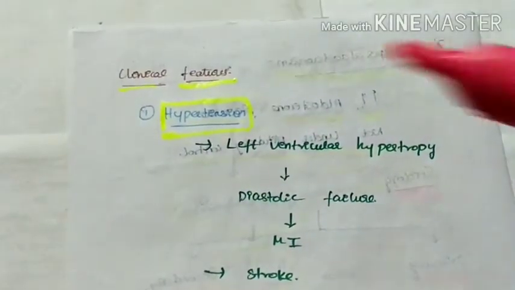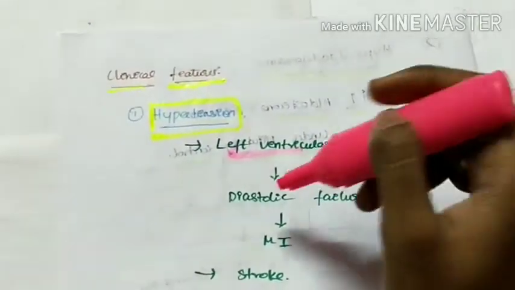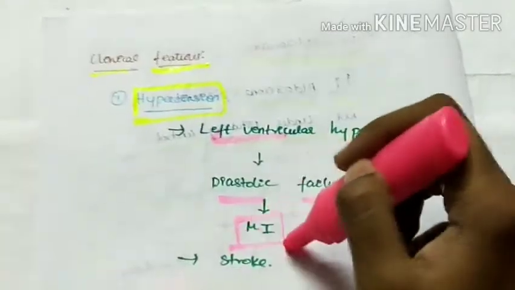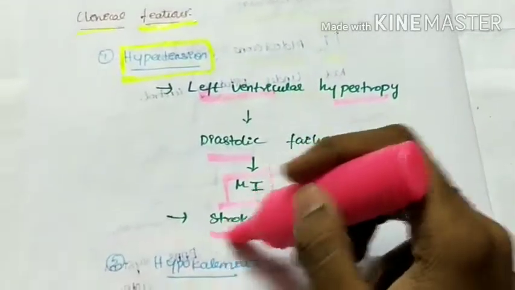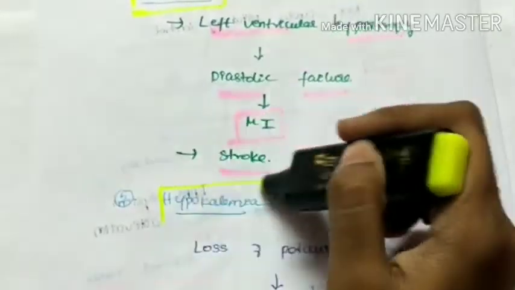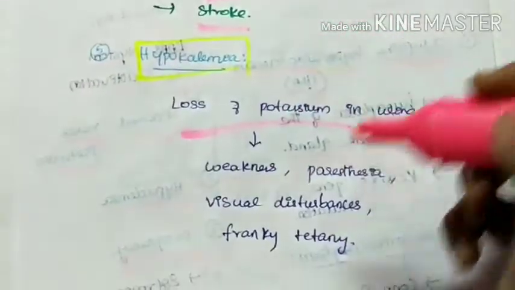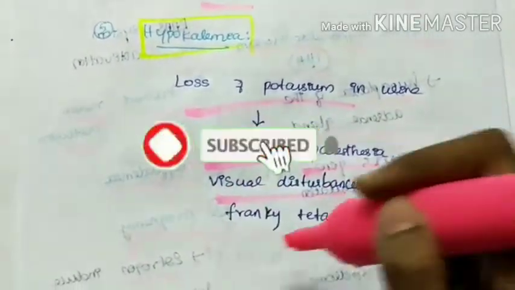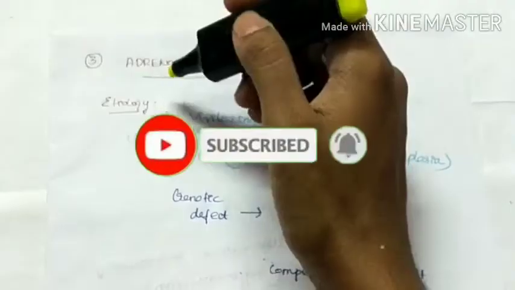This leads to left ventricular hypertrophy, which further leads to diastolic failure and myocardial infarction. Can also cause stroke. Next feature is hypokalemia. Loss of potassium in the urine, due to which there is weakness, paresthesia, visual disturbances and tetany.